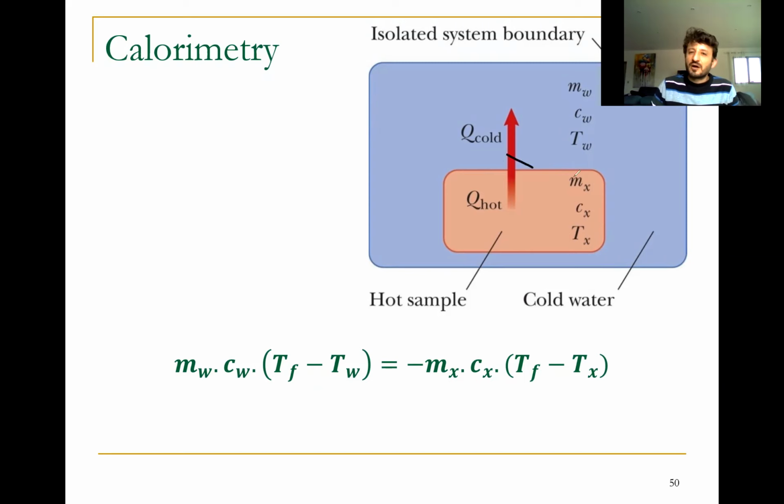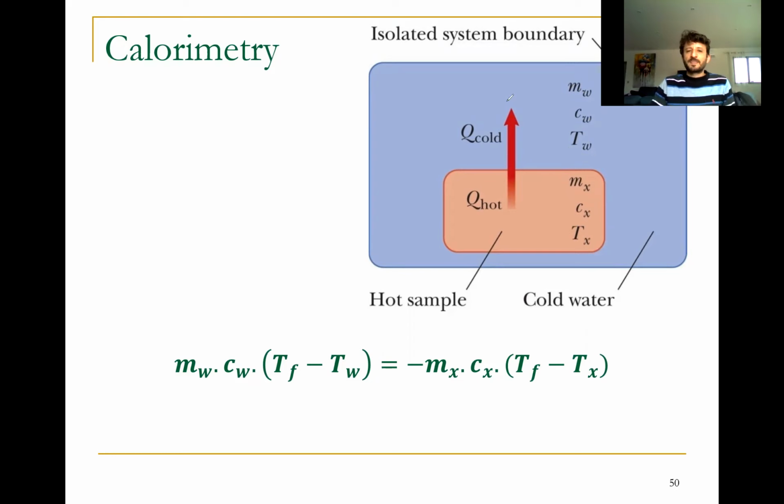We have this object of mass mx with Cx and Tx, the initial state of the object. We put this object in a quantity of water of mass m. C is the specific heat of the water, and T is the initial temperature of the water.